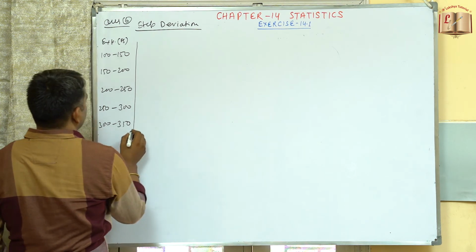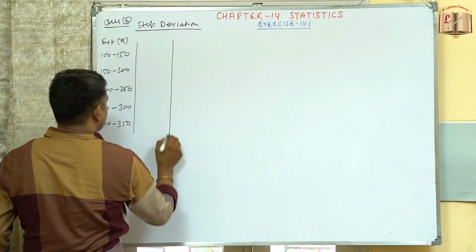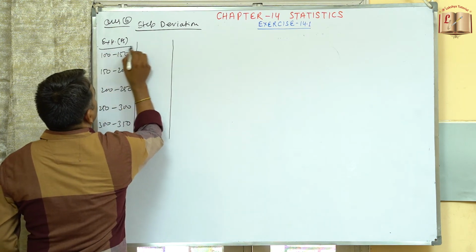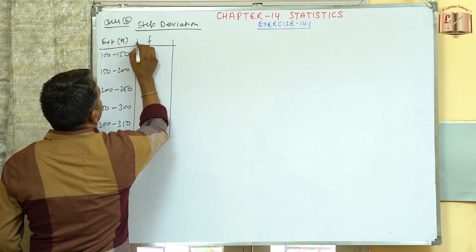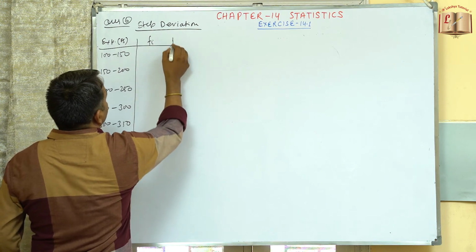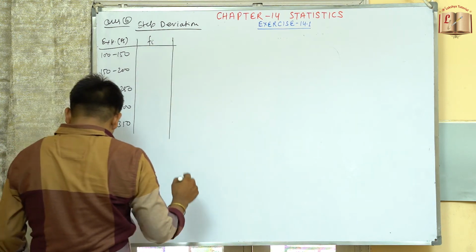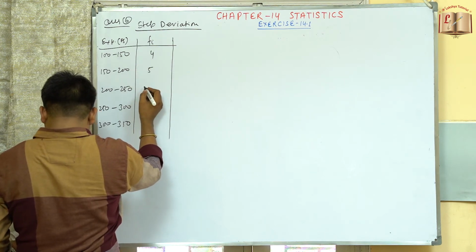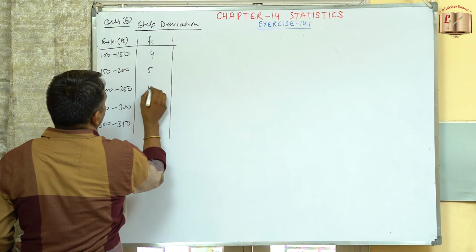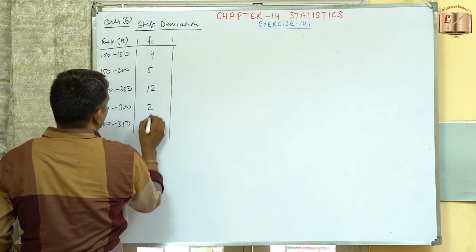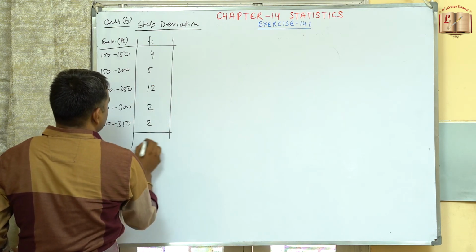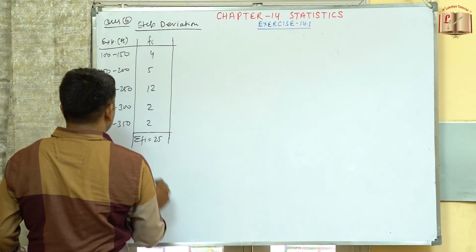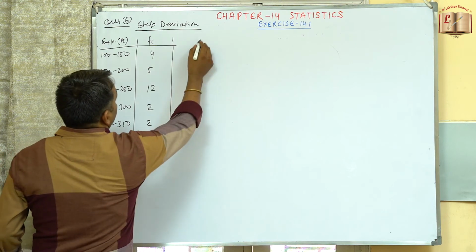This is given, and number of households. So this is frequency given to us, Fi. Number of household is the frequency. So it is given as 4, then 5, 4, 5, 12, 2 and 2. And this sigma Fi is given to us. This is 25 households. So we written 25.